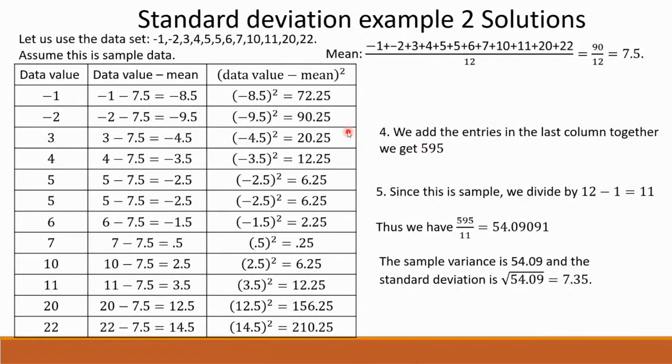So now if you were to add up all the entries here, you would get 595. And this is sample data. There are 12 data values, so we're not going to divide by 12, we divide by 11, as you can see. And we end up getting this.